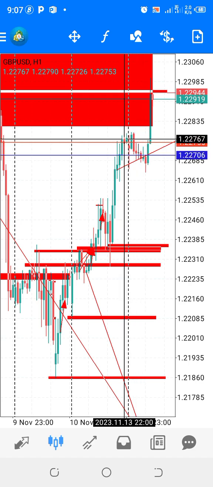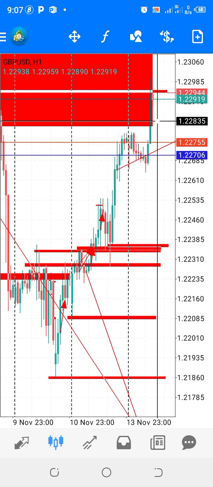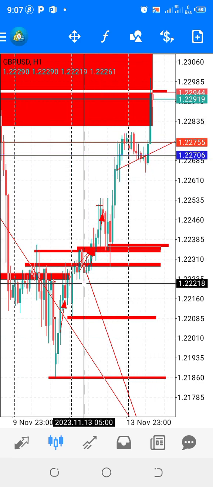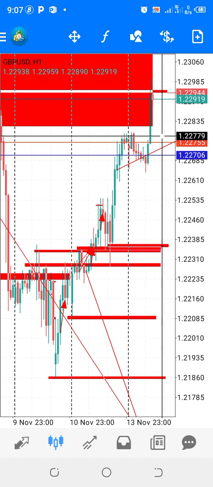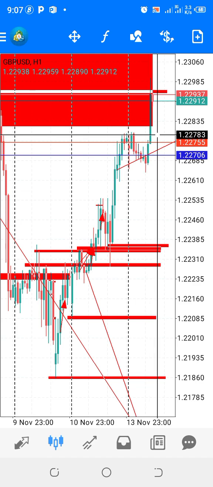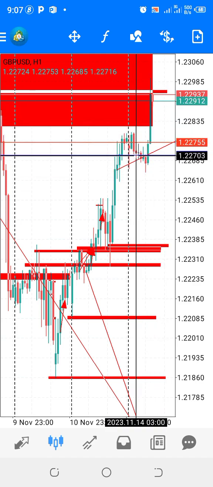Now, because we are already trading a bullish trend, the trend projection is 50 pips minimum, then 100 pips optimum and 200 pips maximum.